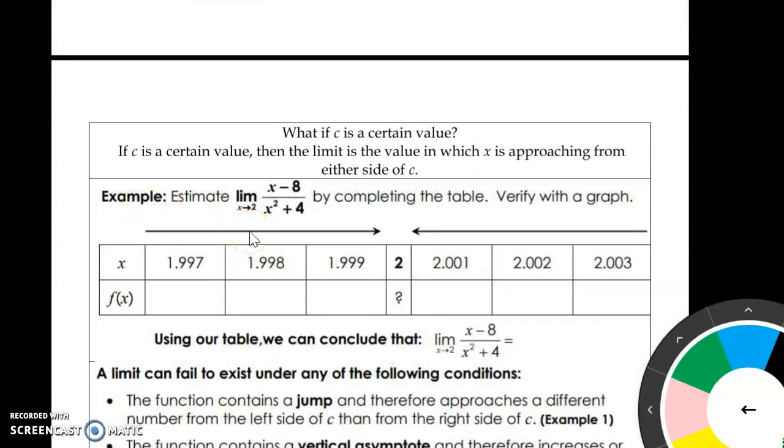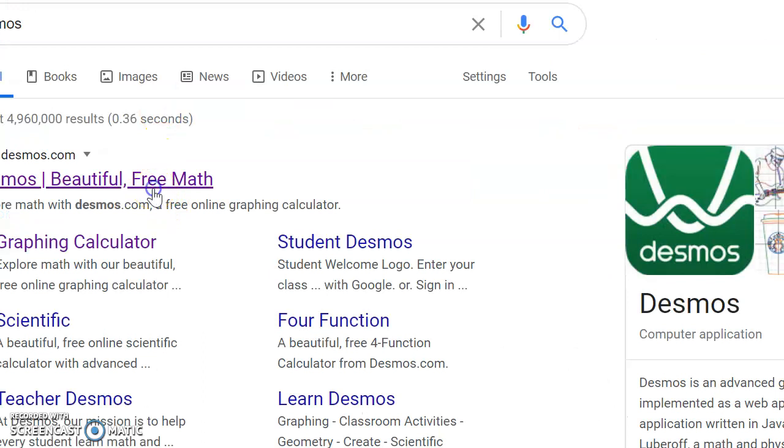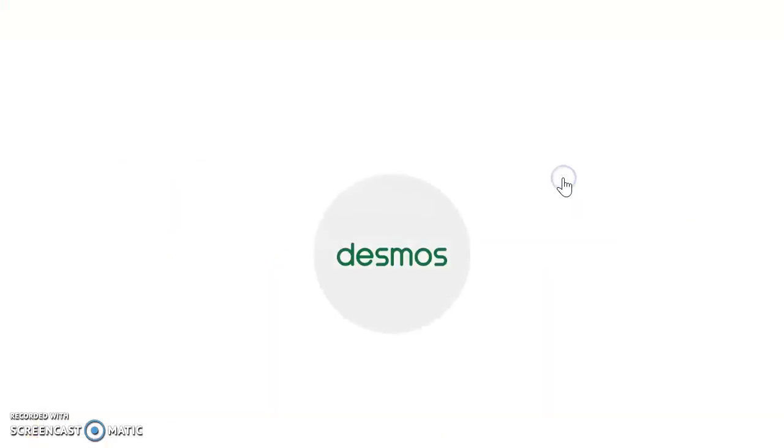So example, estimate the limit of this function, x minus 8 over x squared plus 4, as x is approaching 2 by completing the table. And then we'll verify it by looking at a graph. So since we're verifying this with a graph, let's pull up our trusty graphing calculator. I'm going to use Desmos, so you guys can see too.